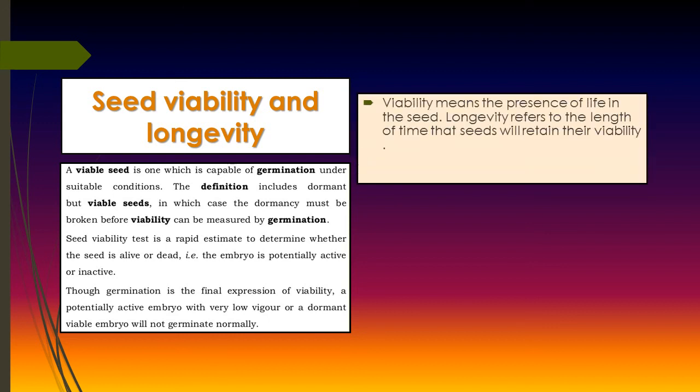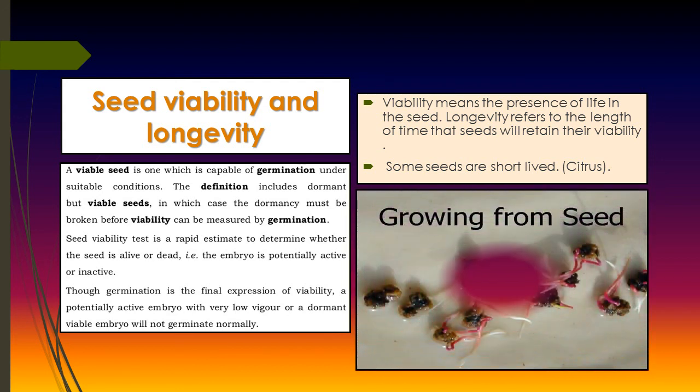Viability means the presence of life in the seeds. Longevity means the length of time that seeds will retain their viability. Some seeds are short-lived, like citrus. Such seeds are not viable for a long time.